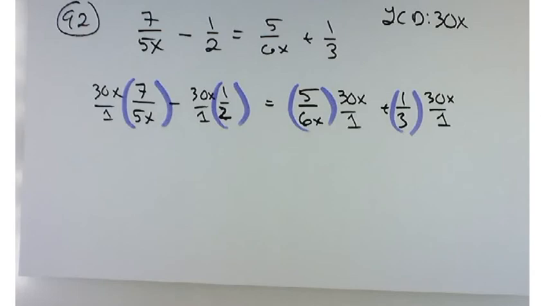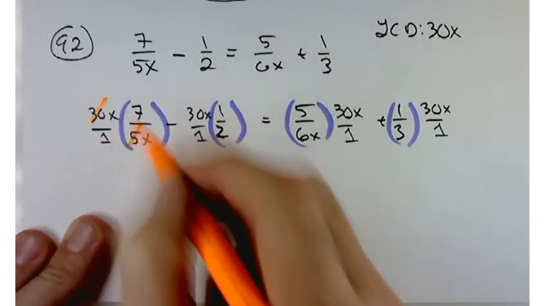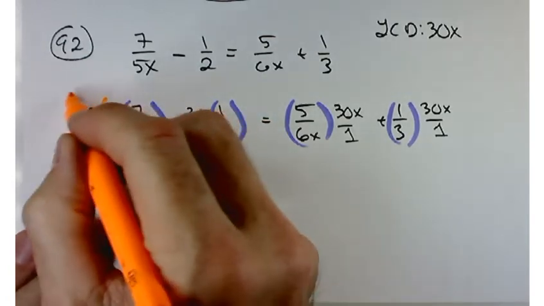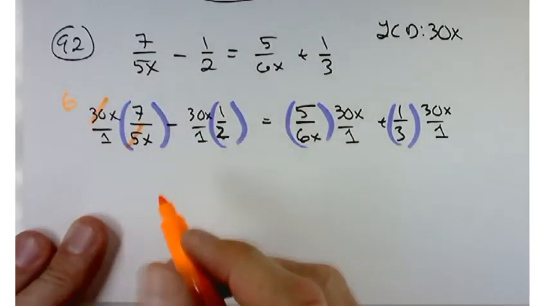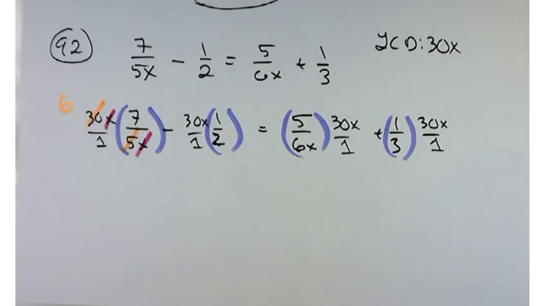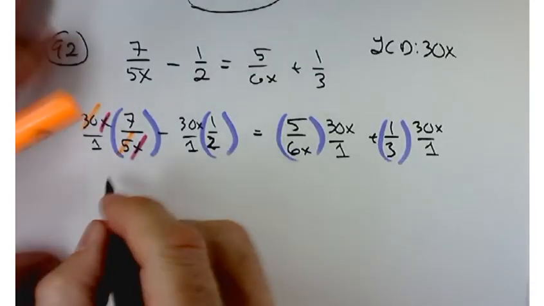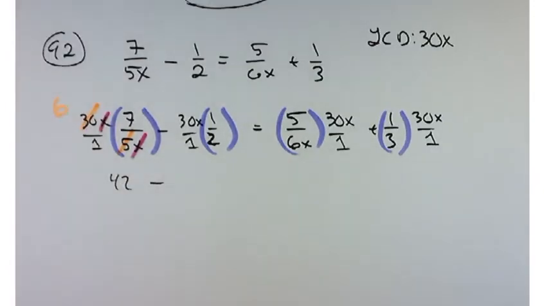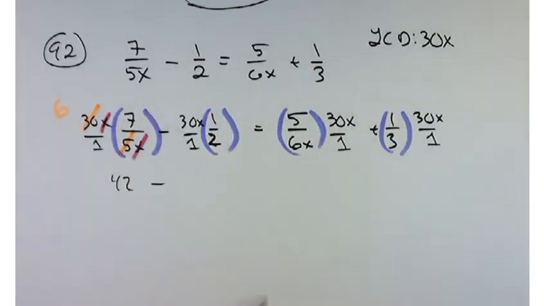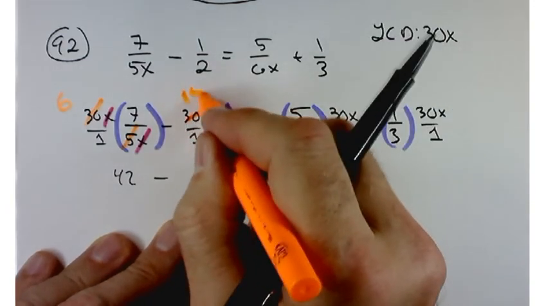So the nice thing here is that we can get a lot of cancellation and then move on. 5 goes into 5 once and into 30 6 times. The x's cancel out altogether, so that's a good thing. 6 times 7 is 42, so let's do a 42 here. Minus, not much cancellation here. 2 goes into 2 once and into 30 15 times.